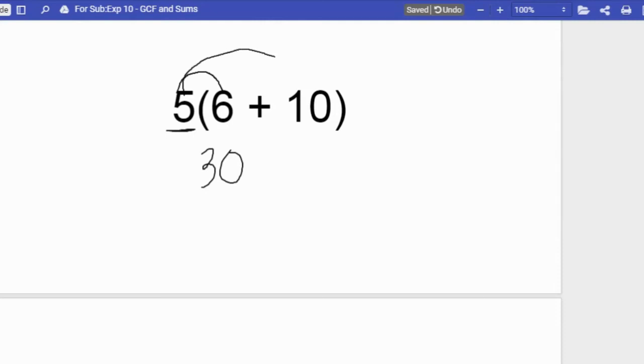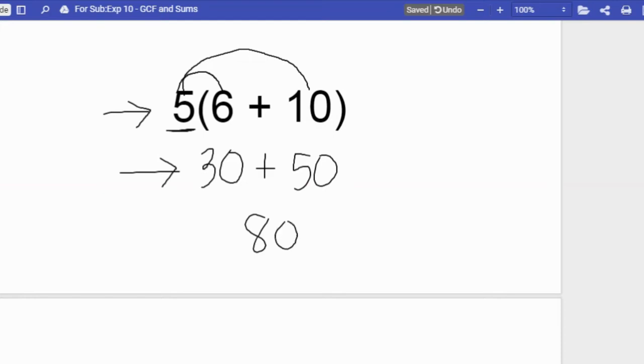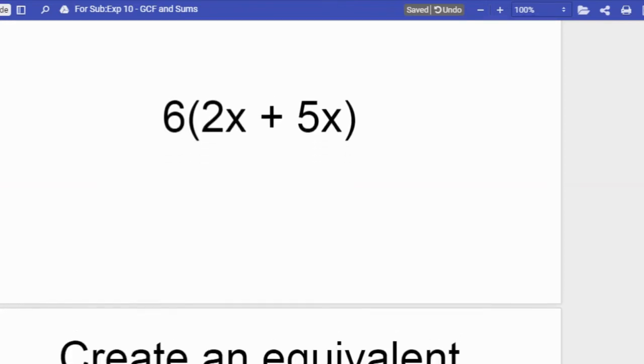So 5 times 6 is 30, and 5 times 10 is 50. So again, when you think of equivalent expressions, just think of another way to write it. So this is equivalent to this, which if I keep going, is also equivalent to that. So again, distributing the number out front.